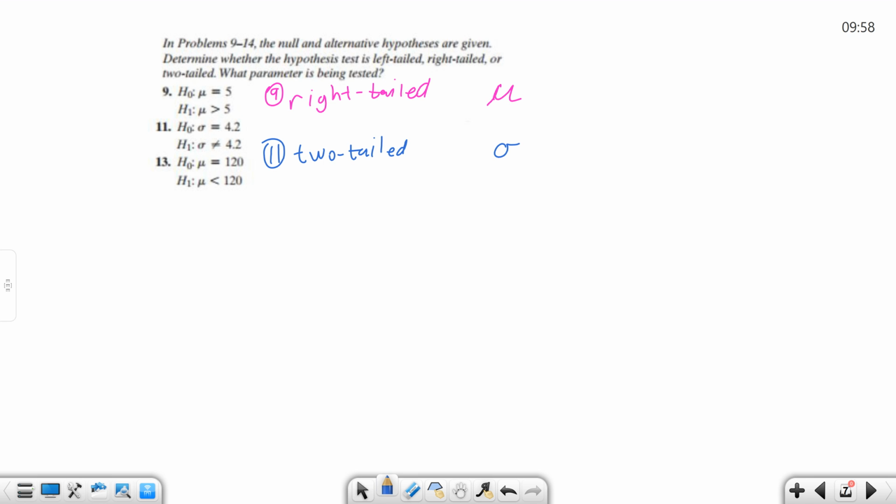Sigma, the standard deviation. And then for 13 here, mu equals 120. Mu is less than 120. So let's see here. This is going to be what? Less than says left-tailed, right?